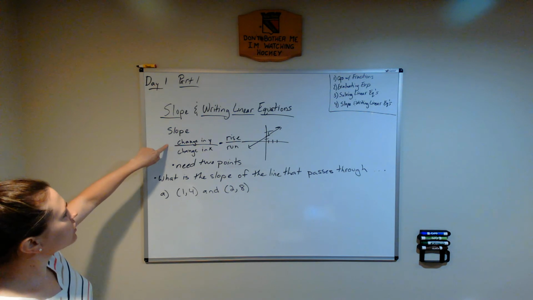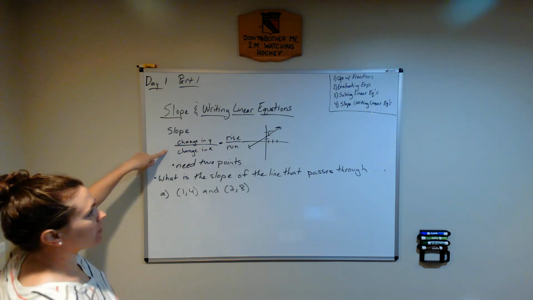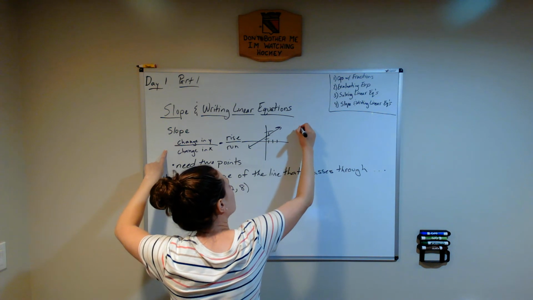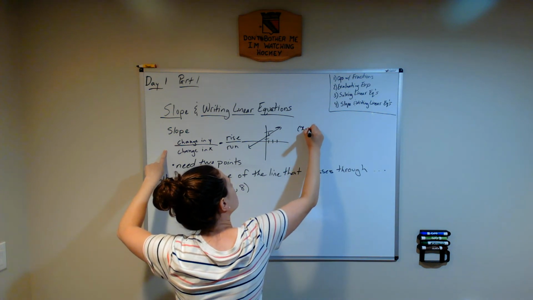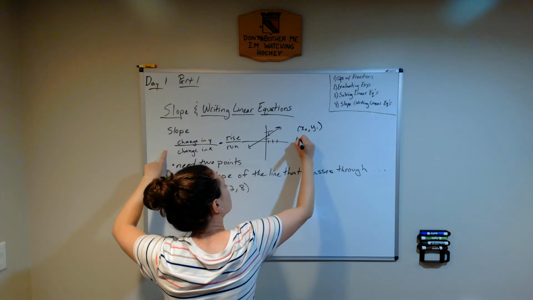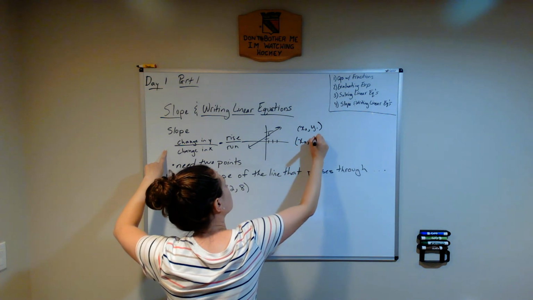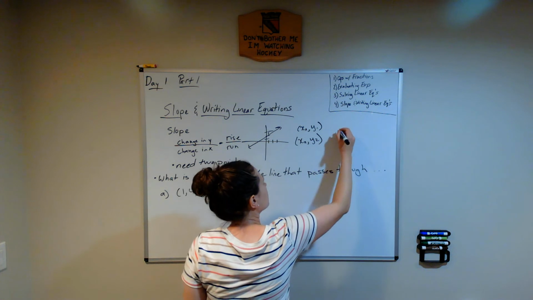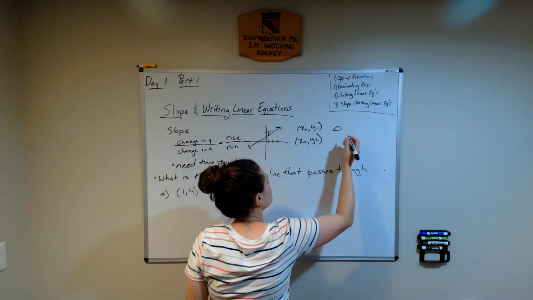Now when we say change in y over change in x, we have a formula. When you have 2 points, (x1, y1) is 1 point on the line, (x2, y2) is a second point on the line. Change in y, that delta sign just means change.